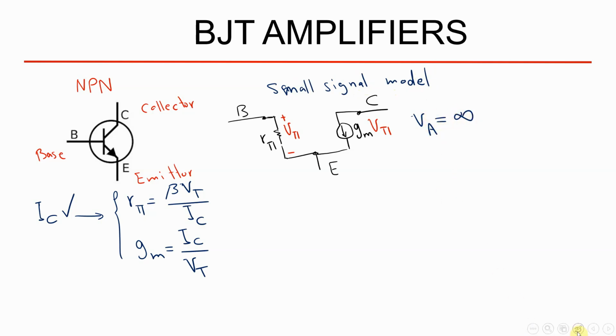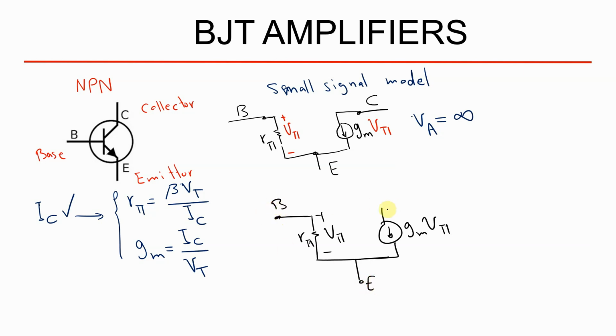But if we have an early effect, you have to add another resistor to this small signal model. So here we have this GM V pi, and here we have R pi, and the voltage is of course V pi, and this is emitter, this is base, and this is of course a collector.